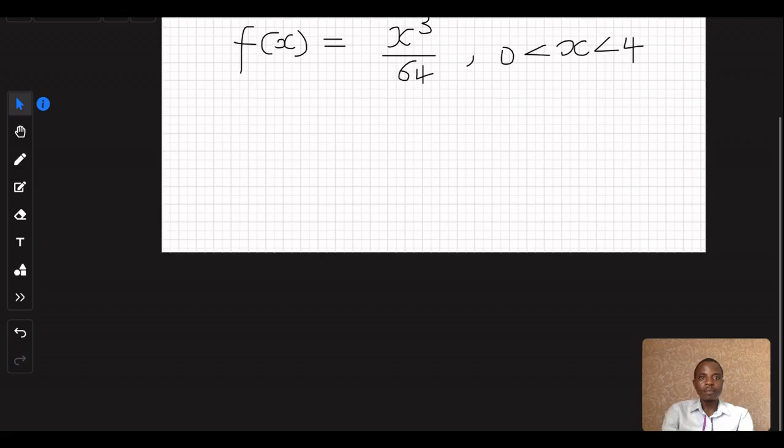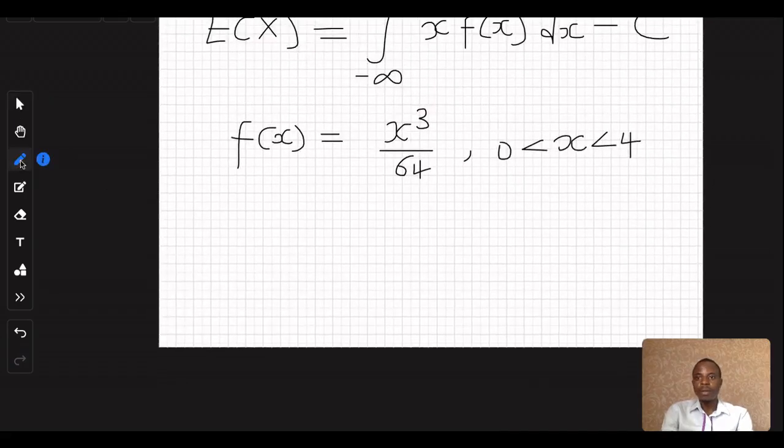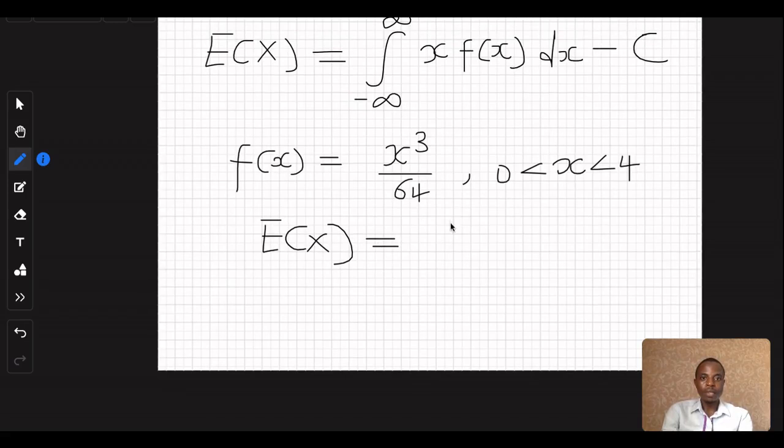So we can now use this to find what we really want. What we really want is to find the mean. In this case, we're looking for the expected value of x, which will be what we said before, but the range will be different this time around. We will have it from 0 to 4. Then we have x multiplied by f of x. Our f of x in this case is x raised to the power of 3 divided by 64, with respect to x.